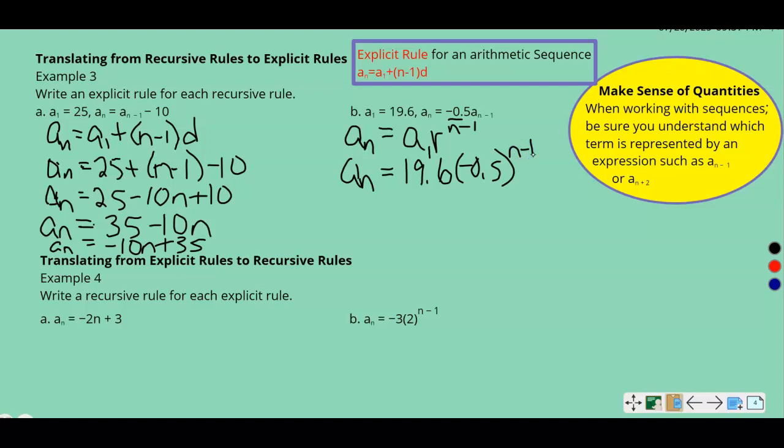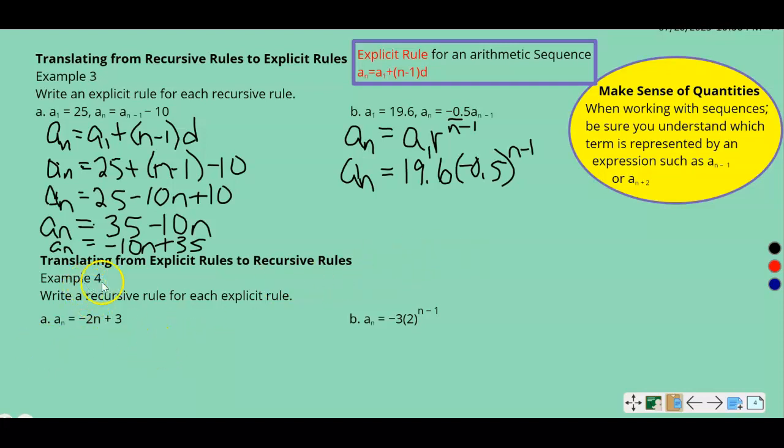Now, there's nothing to really be simplified here because you have to do order of operations. You would have to do a power before you could multiply, so you cannot multiply these together. So when you get to here, you can say the explicit rule is A sub n equals 19.6 times negative 0.5 raised to the n minus 1 power.